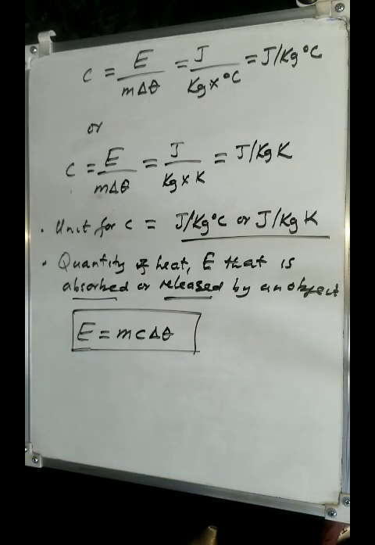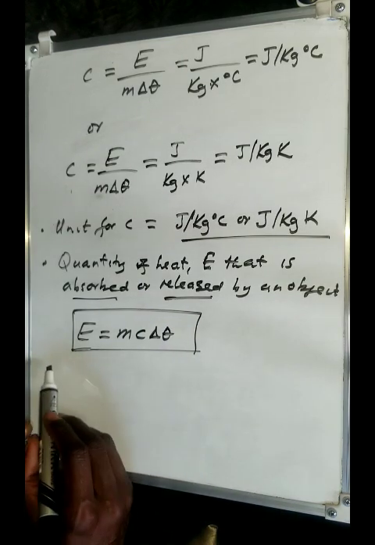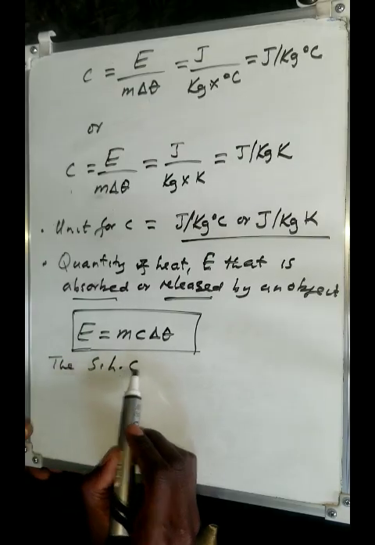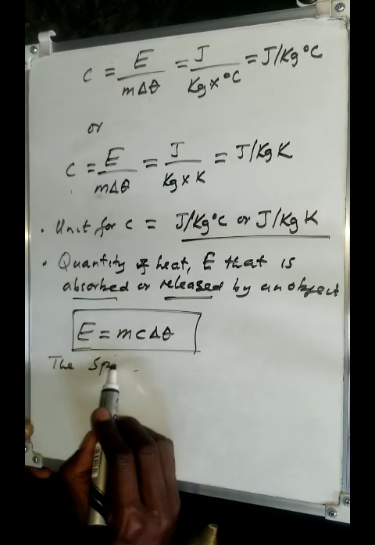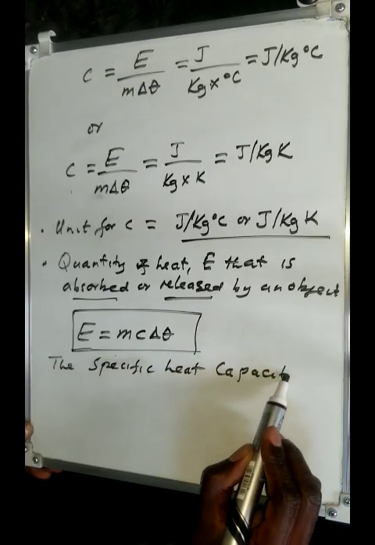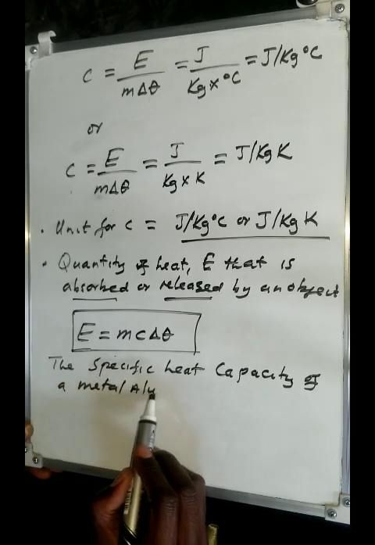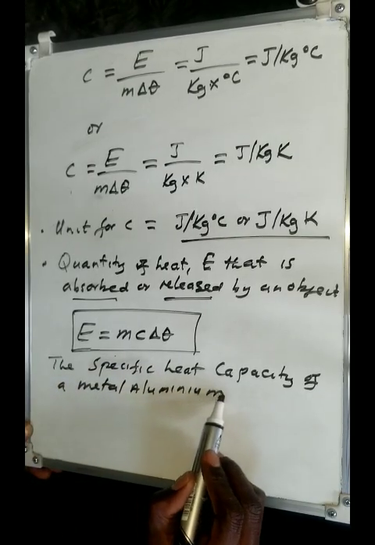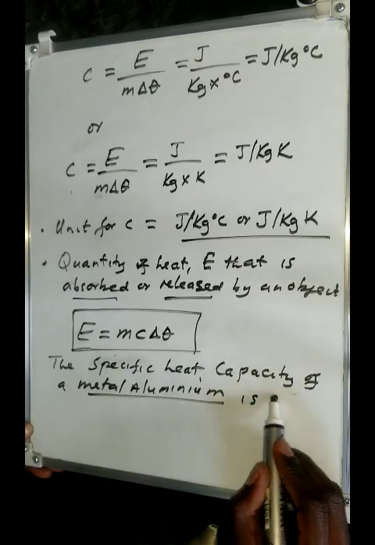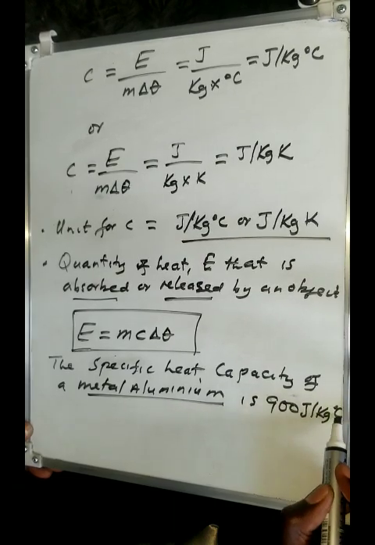Now let me give you an example. Let's say the specific heat capacity of a metal, aluminium, is 900 joule per kg degrees Celsius.